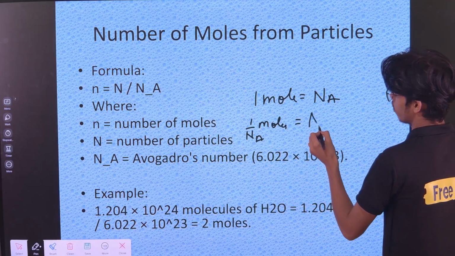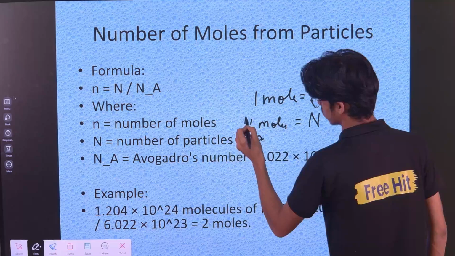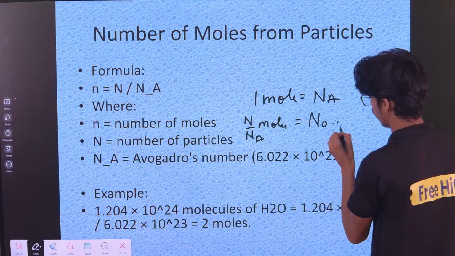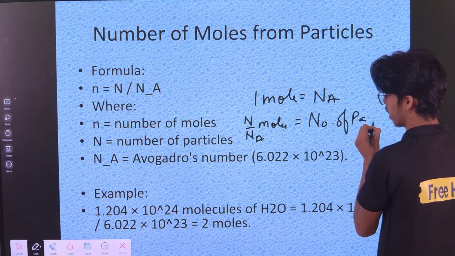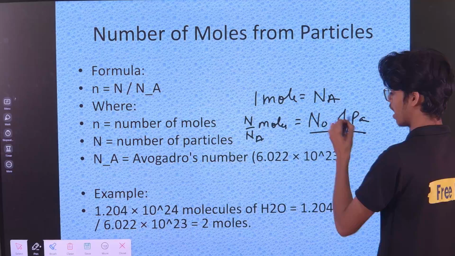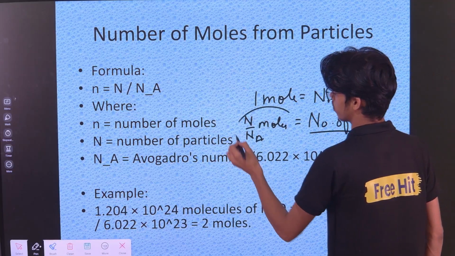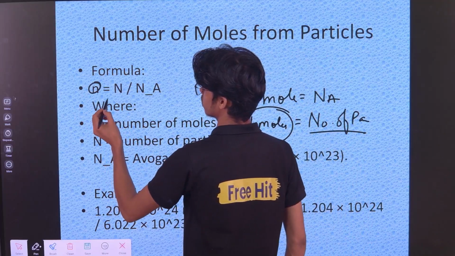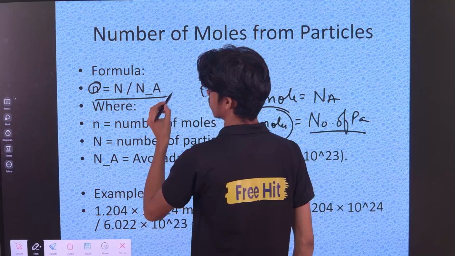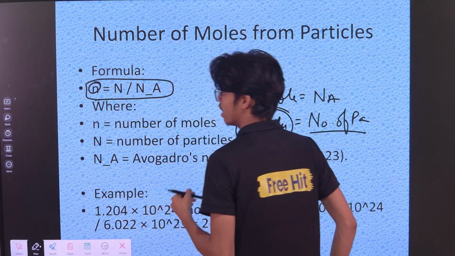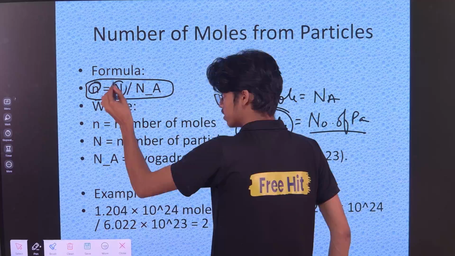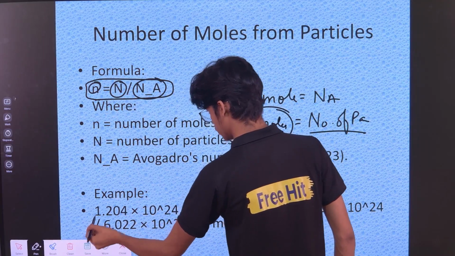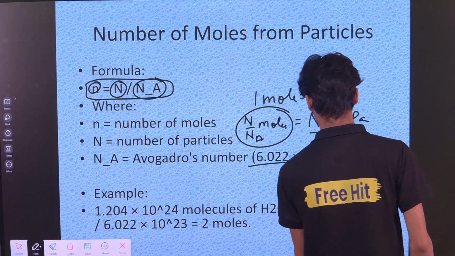Now, if n number of particles are there, you multiply this by n, so this much is the amount of moles in n number of particles. I hope you understand how the formula came. You have to divide the given number of particles by the Avogadro number, which is 6.022 times 10 to the power 23.